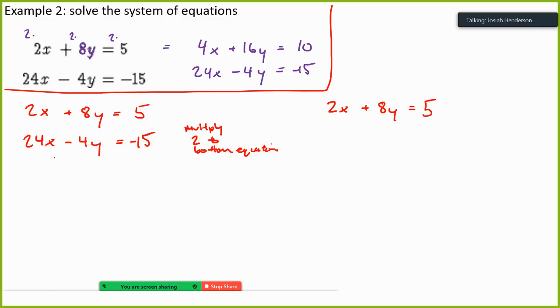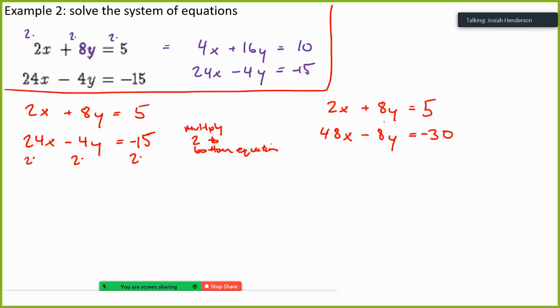Okay, and now we're going to multiply a 2 to everything on the bottom. So 2 times 24, 2 times 4, and 2 times negative 15. So we get 48x, negative 8y, and then 2 times 15, negative 30.